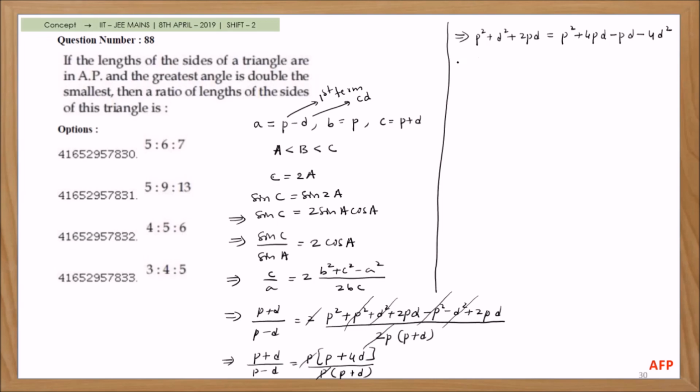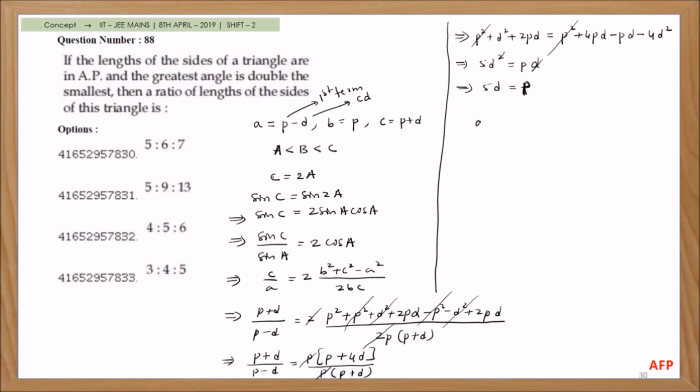So p square will get cancelled. If I bring the terms to the other side, minus 4d square gives 5d square, and sending 2pd to the other side gives 6pd minus 2pd. So 1d will get cancelled, and 5d is equal to p. So this is the condition we got: 5d equals p.